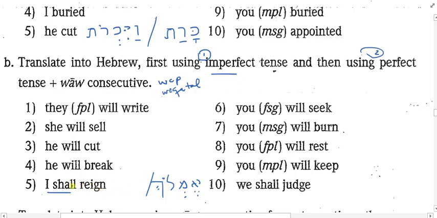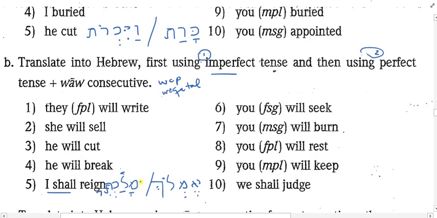To use the perfect conjugation with the vav in front of it. So, malach, what? For I. Malachti, with a hireq yod here. Okay? But then what's going to go in front of malachti? A vav. Okay?